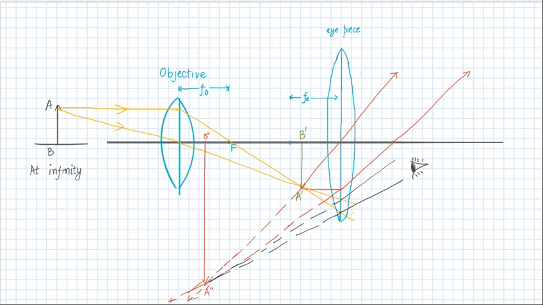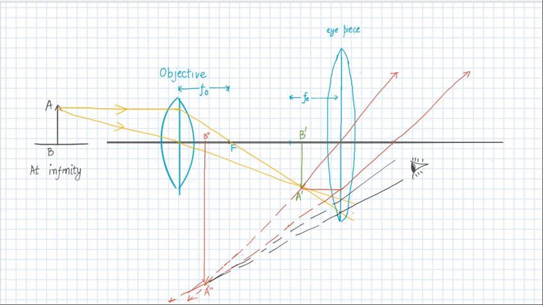We will derive the magnifying power of the telescope when the final image will be formed at the least distance of distinct vision. That means the image formed will be at the least distance of distinct vision. That means at a distance of how much? At a distance of 25 centimeter.